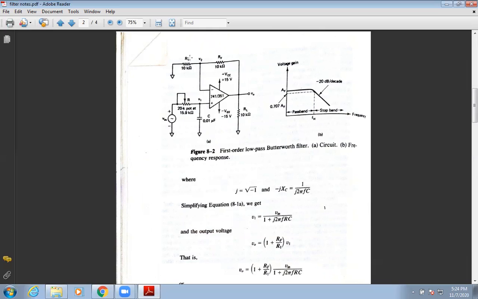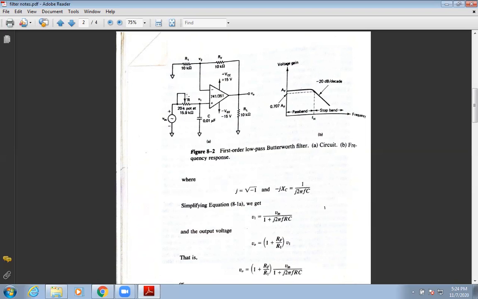In this case, we decided the values of R1 and RF to be equal because we are given the passband gain as 2. First we selected the value of C, which is 0.01 microfarad.